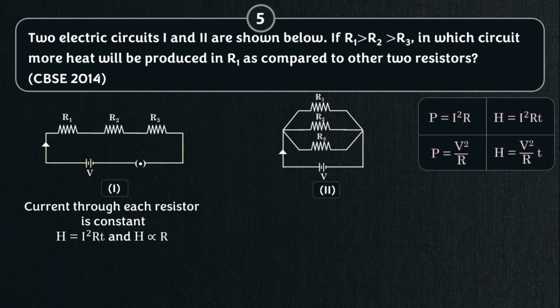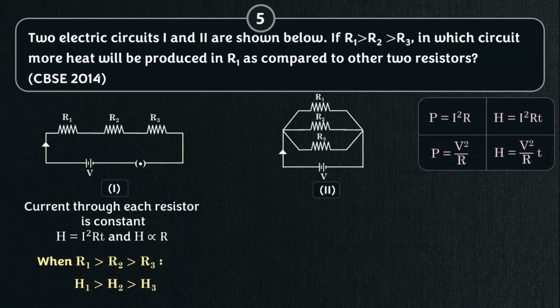So, the resistor having higher resistance will consume more power and also dissipate more heat. When R1 is greater than R2, which is greater than R3, then heat produced by R1 will be greater than R2, which will be greater than R3.